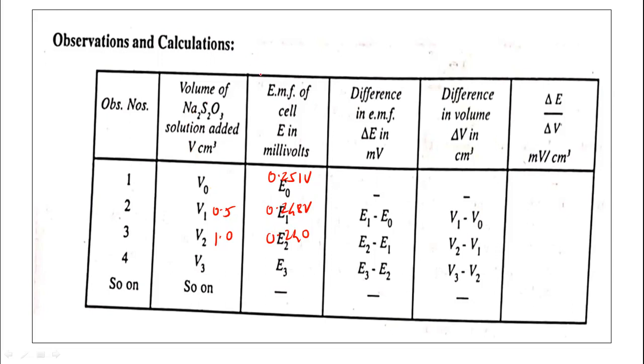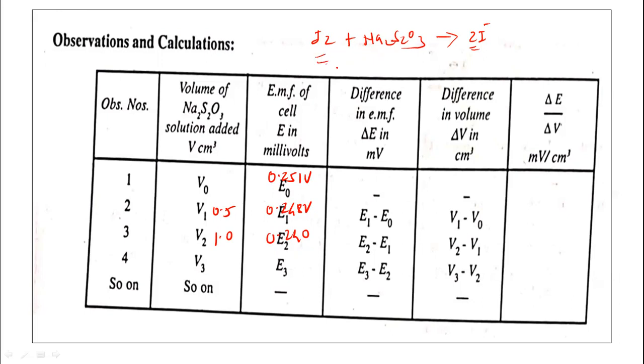During this titration between I2 and sodium thiosulfate solution, Na2S2O3, actually this is an oxidation reduction reaction, and there is a formation of 2 I minus. So I2 is converted to iodide ion, which means this is an oxidation reduction reaction.